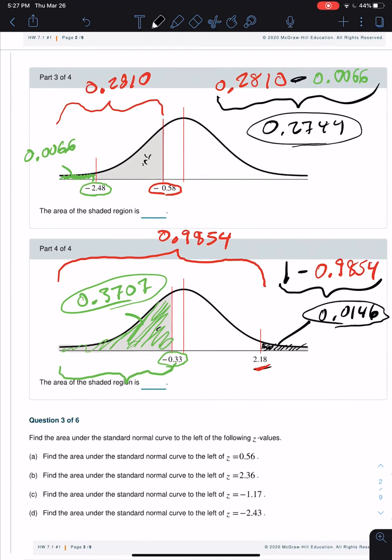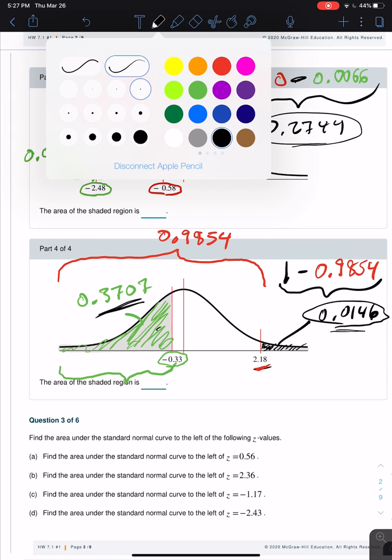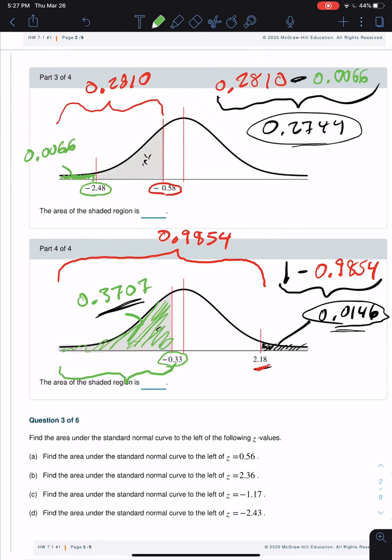And so they want the sum of those two areas. So we just add them up. Add the green plus the black. Let's write it down. Darn, if I tap it barely, it goes to eraser. So we've got 0.3707.